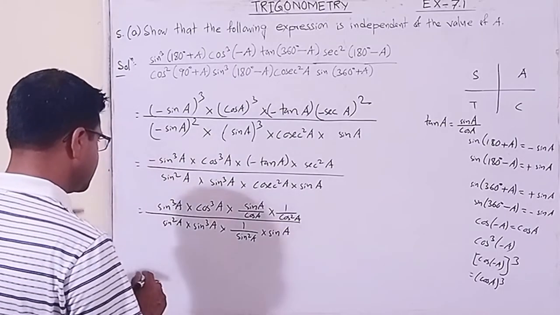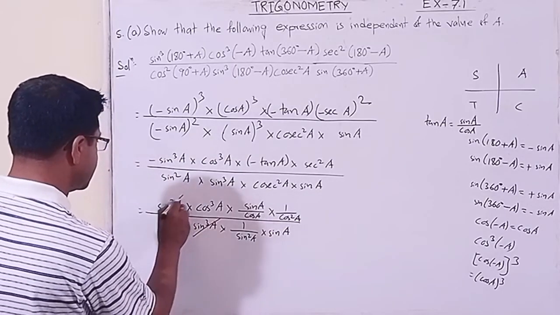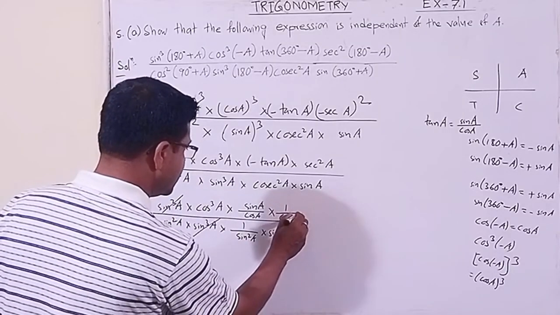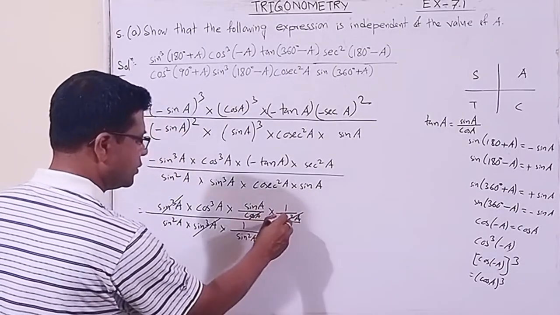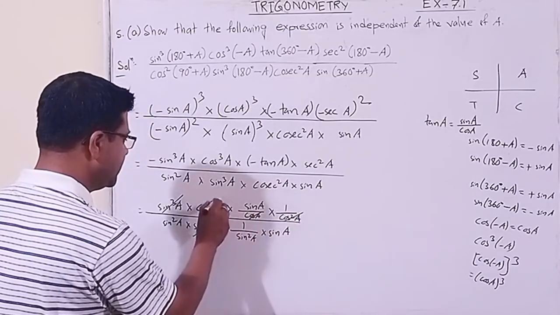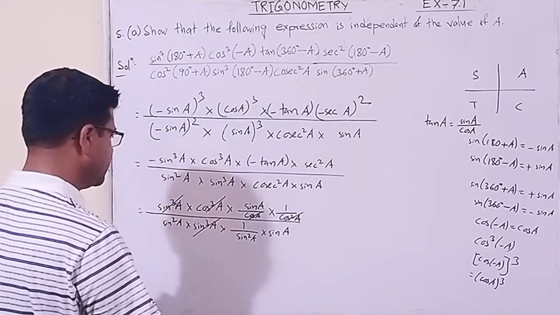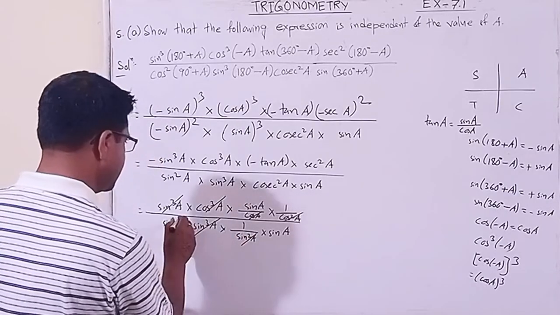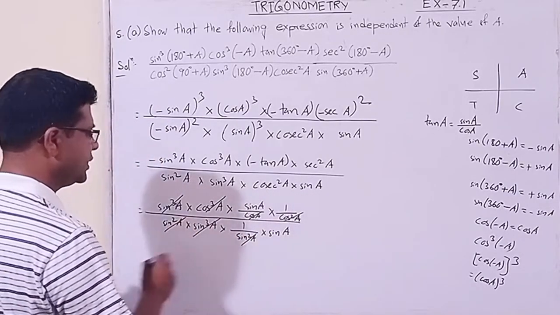Okay, now let us try to simplify. These two will get cancelled, correct? Then this, you see, cos square a into cos a is cos cube a, this will get cancelled. Okay, then sine square a and sine square a will get cancelled.